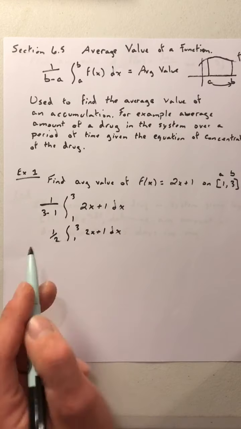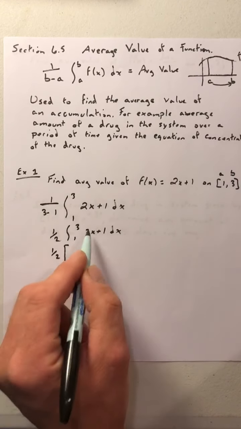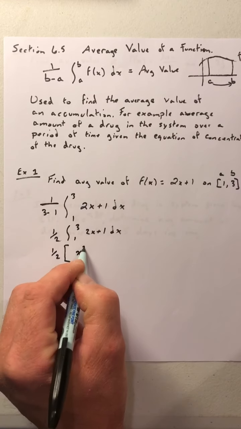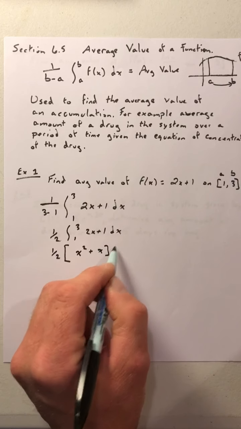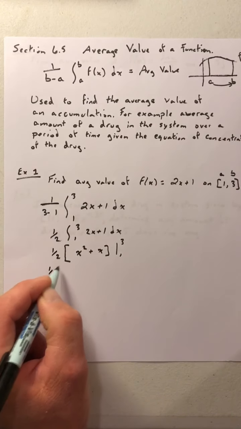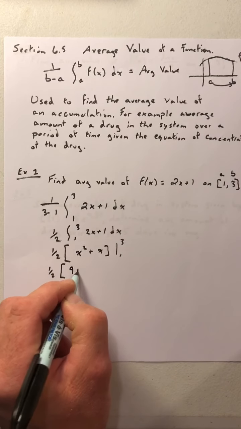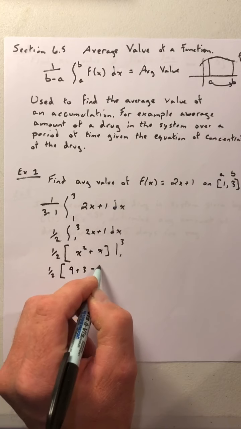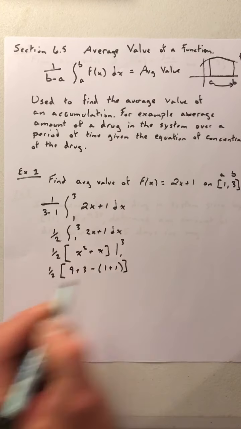We can integrate 2x plus 1. So I have a half, and I'm going to leave that half out there. The integration of 2x is x squared. The integration of 1 is x. And I'm going from 1 to 3. Again, I'm going to leave that 1/2 out there for the time being. I'm going to plug in my 3, so I get 9 plus 3, minus, plugging in my 1, I get 1 plus 1.